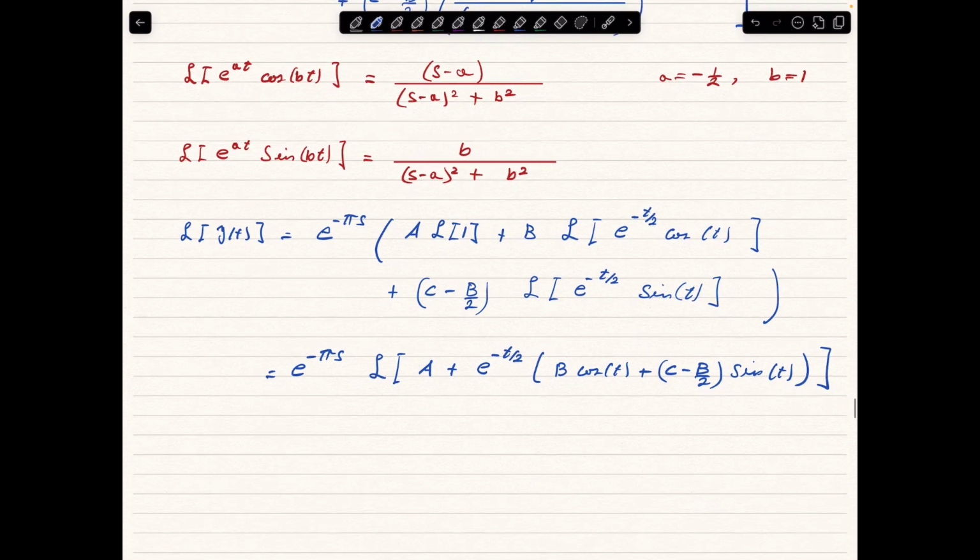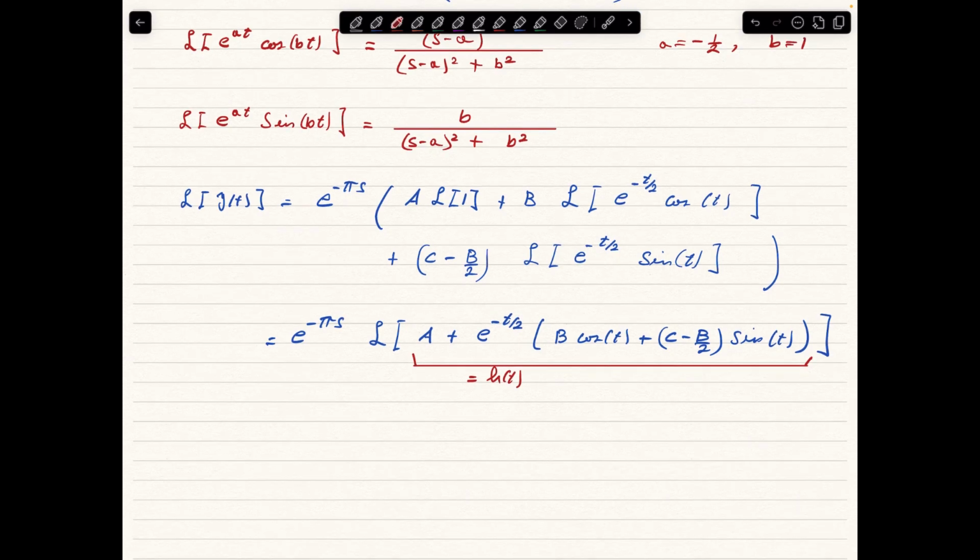And here we are. This function here is nothing more than little h that we mentioned before. We found our function little h. So the solution we are looking for is the Laplace transform of y equal exponential minus pi s times the Laplace transform of this little h.